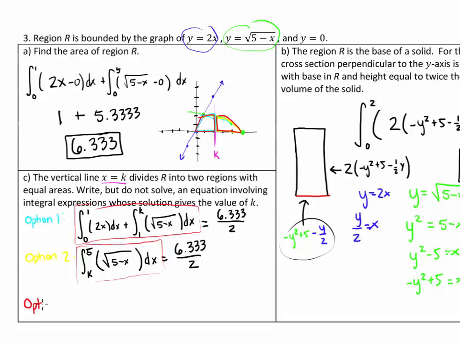Option 3 says: if I take the area of the first part, the integral from 0 to 1 of 2x dx plus the integral from 1 to wherever k is of the square root of 5 minus x dx, that is the area of this region. That area has to be equal to this area, which is generated from k to 5 by the square root of 5 minus x dx.